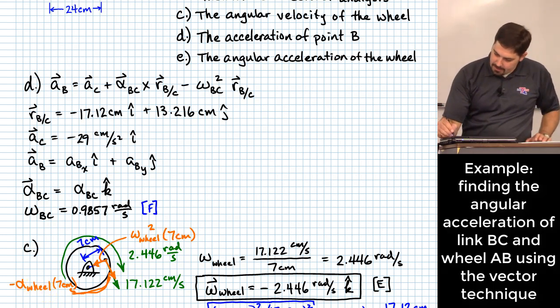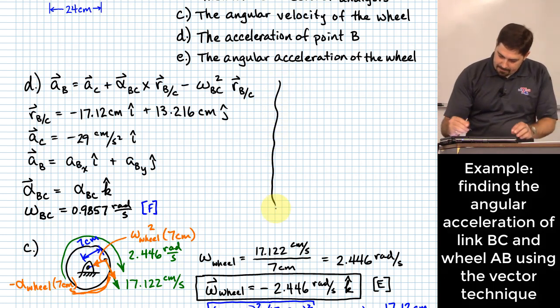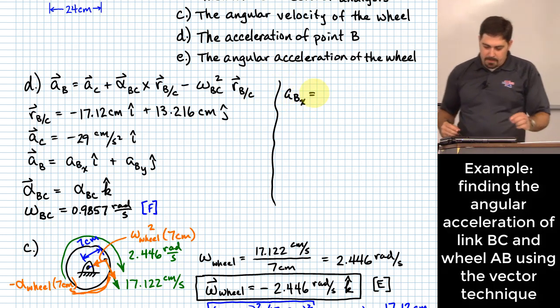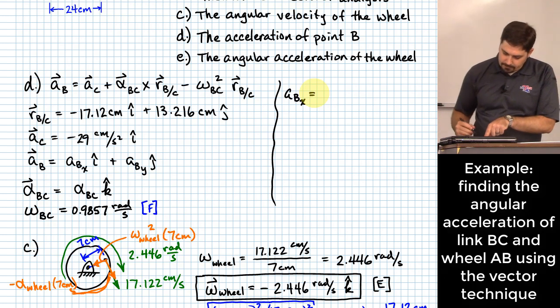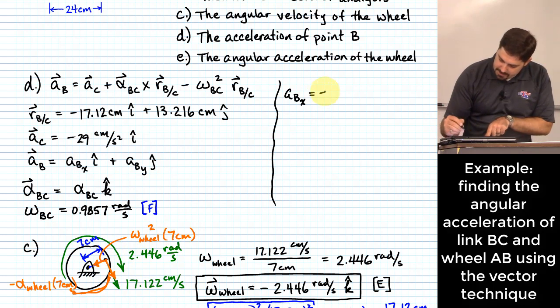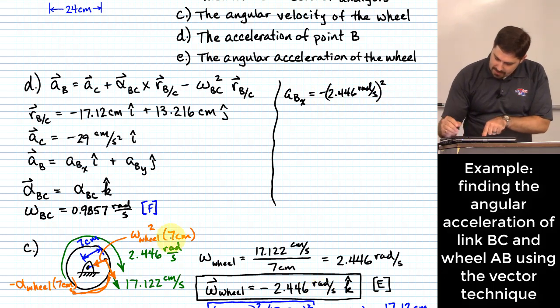So I'll take a little sidebar over here and do that. ABX is going to be minus omega squared of the wheel, so minus 2.446 radians per second squared times 7 centimeters.